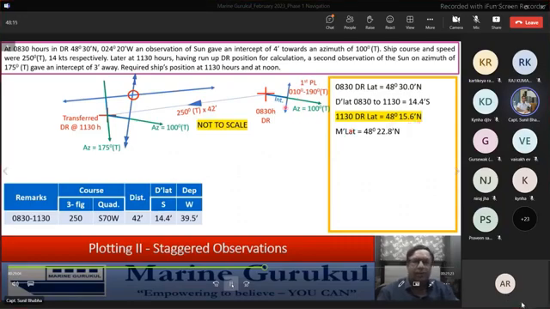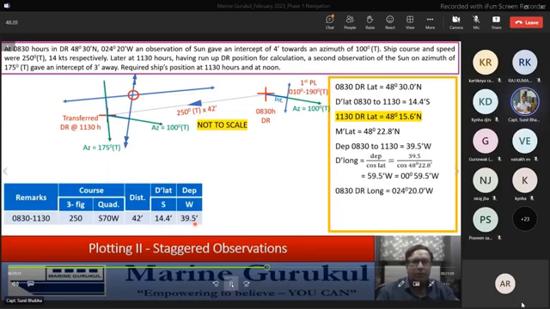Then we find the mid latitude between the 8:30 latitude and the 11:30 latitude. We use this latitude to convert this departure of 39.5 minutes into D long. Apply this D long to the longitude of the 8:30 DR, and we can get the longitude of 11:30, and this gives us the position of the 11:30 DR, which can be used, as you can see in this rough diagram, to plot both the 11:30 PLs, one transferred PL, other observed PL.